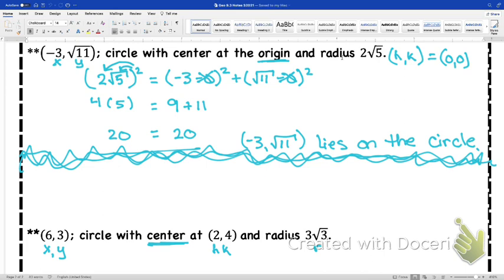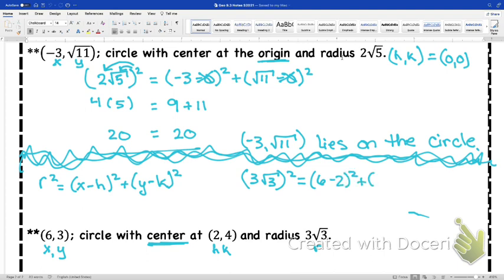Look at the equation: r squared equals x minus h squared plus y minus k. Oh, that's wrong.